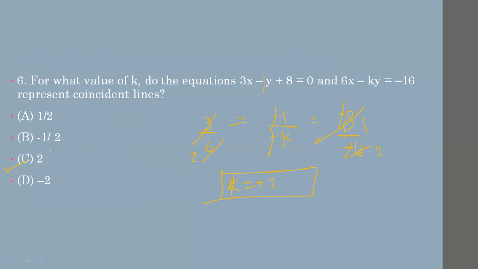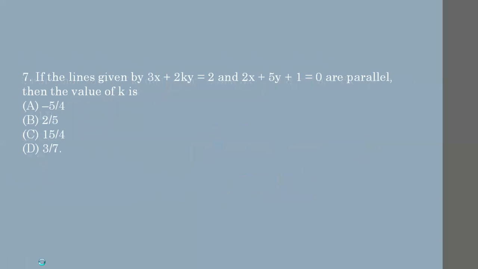I hope you are getting it, even if you are in class 9th or class 10th. So the seventh question is also easy. If these two lines are parallel, representing the equations, then we have to find the value of k. We know that if lines are parallel, then the ratio of coefficients of x is equal to the ratio of coefficients of y.